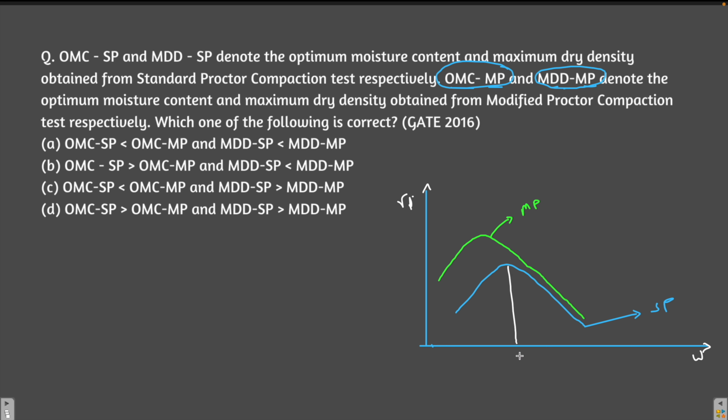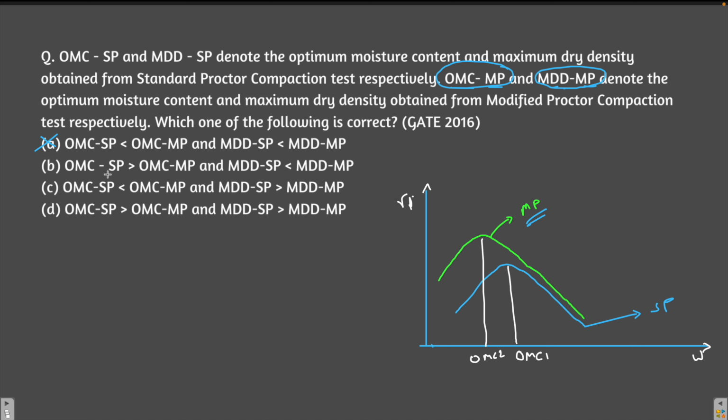This is OMC 1 and this is OMC 2. Which one is less? The first statement says that OMC of the standard Proctor test is less than the modified Proctor test. The correct statement is that the OMC of the modified Proctor test is less than the standard Proctor test. So the first statement itself is wrong. So this is not the correct one.